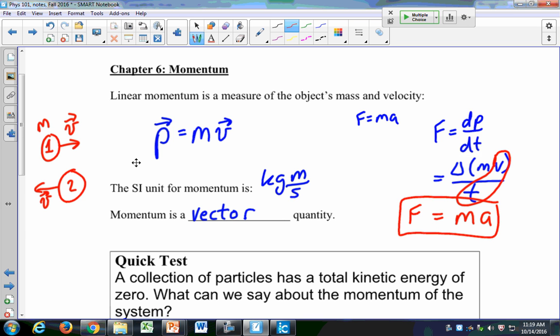So we can have a system of particles where we add up the momentum of each individual particle, and the total momentum will be 0. Or it could be 0, it doesn't have to be. But in this case, it would be 0.